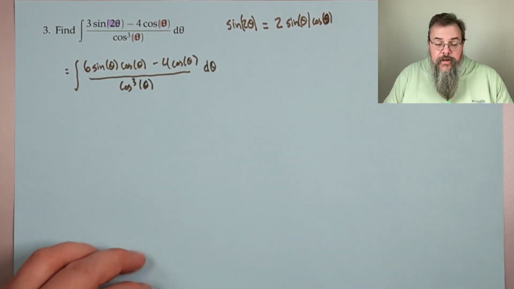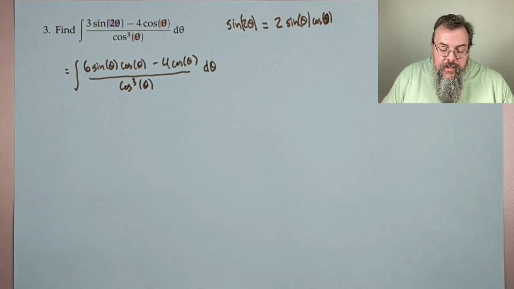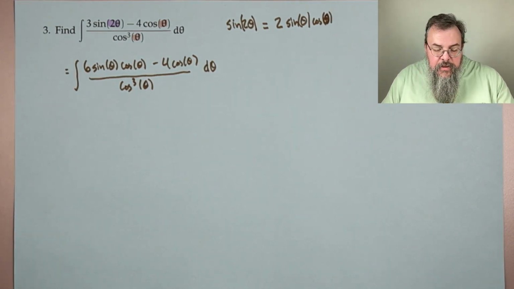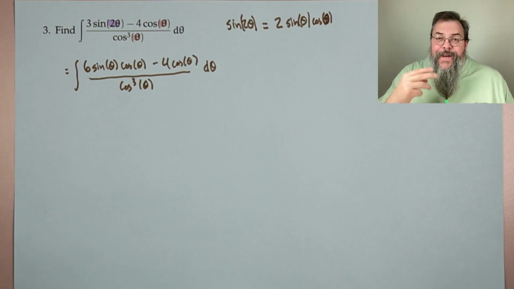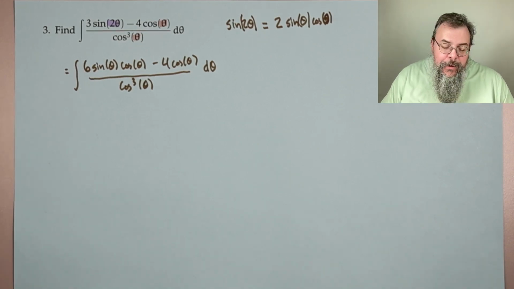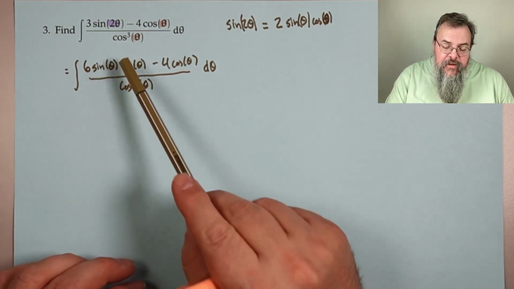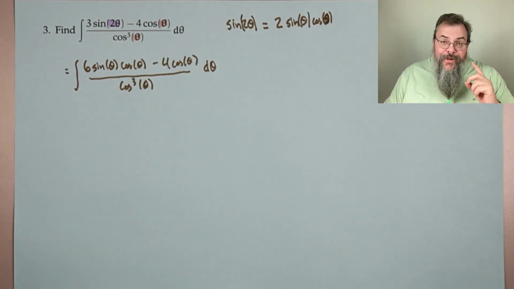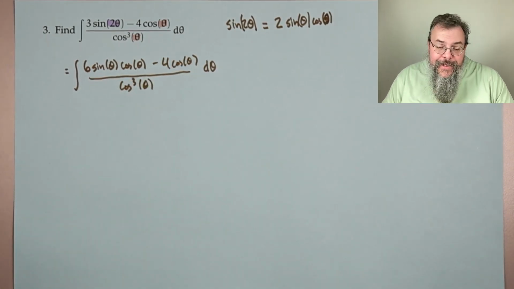All right, good. Now, what can we do? Well, there's a couple things we can do, but let's start by, there's two things, right? And I'm debating about which one to say first. One thing that we can do is everything has a cosine, and we can pull out and cancel one cosine. But there's another thing.